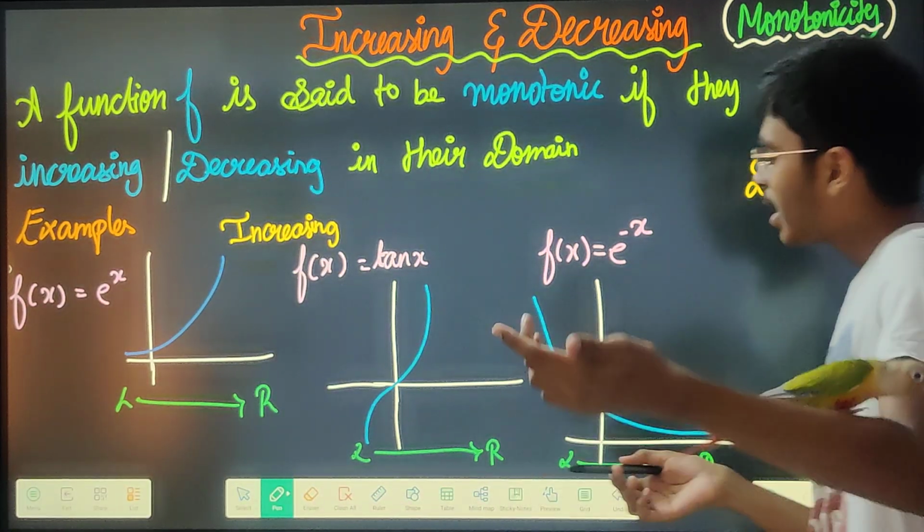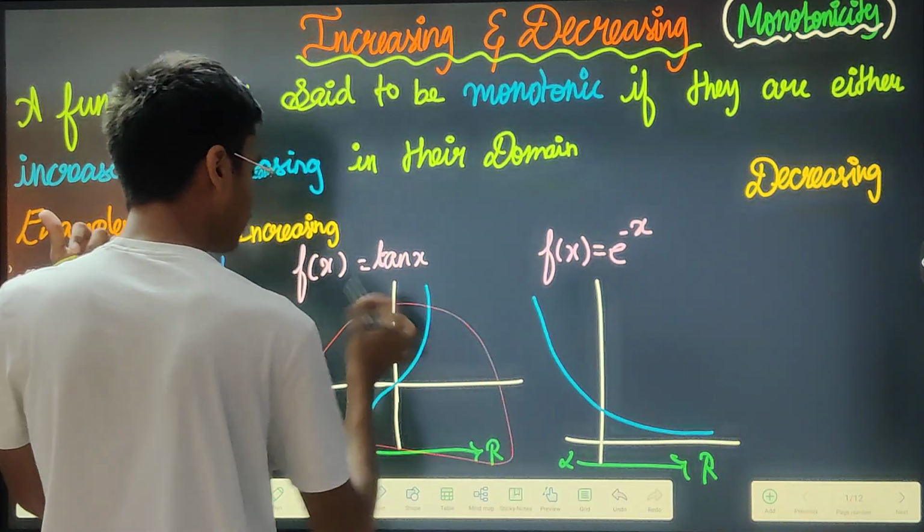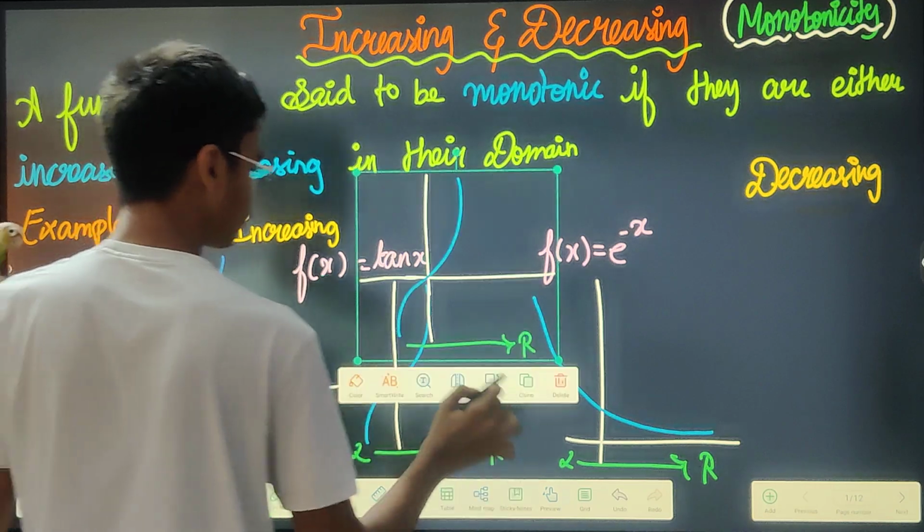Then minus x cube is going to be very similar. We will take this graph itself.